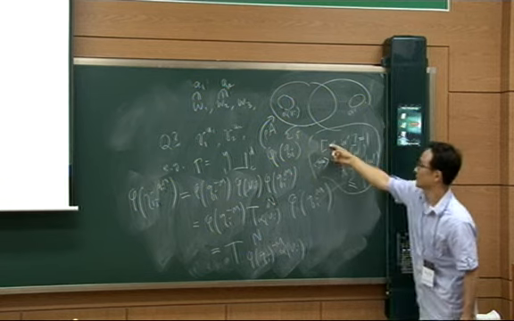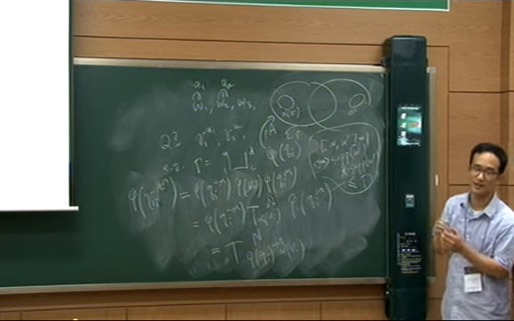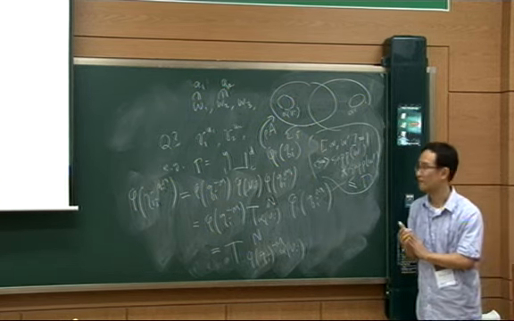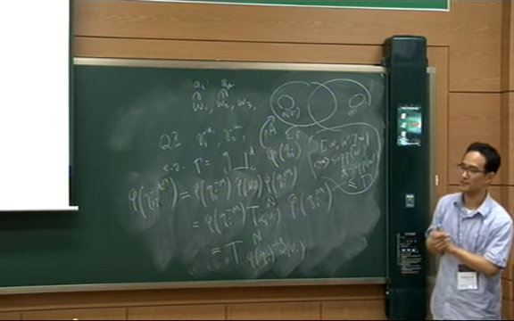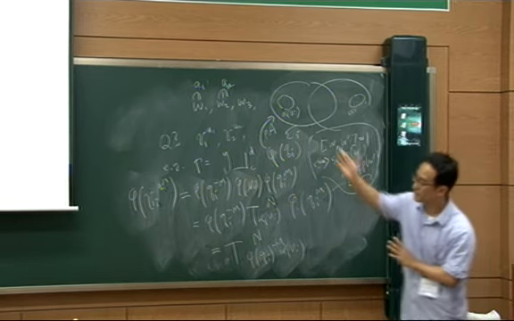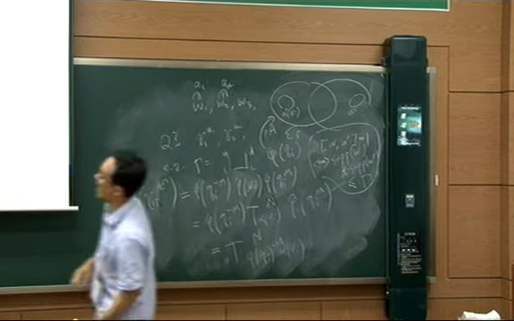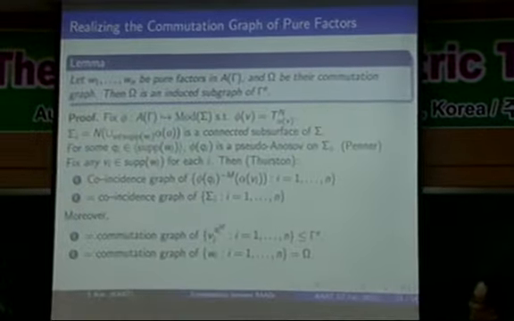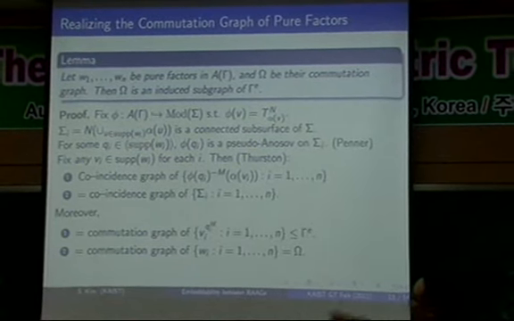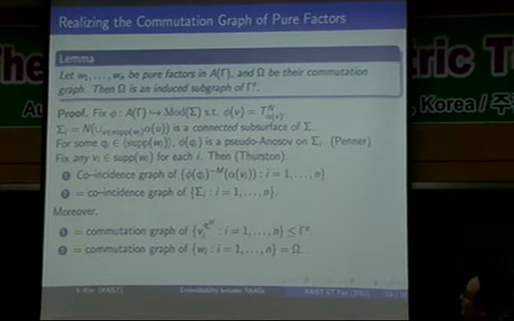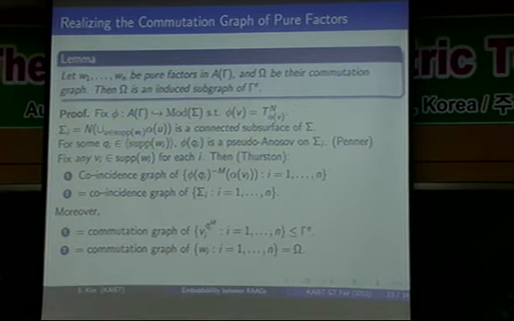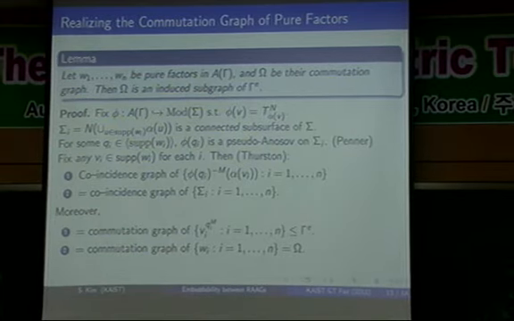In other words, any vertex here must commute with any vertex there. That's the only possible way of having two commuting pure factors. So number 2 is number 1, and this vertex commutation graph is the graph gamma extension, and the commutation graph of W_i is by definition omega. Therefore, we have just shown that those four graphs are the same, so omega is an induced graph of gamma extension.